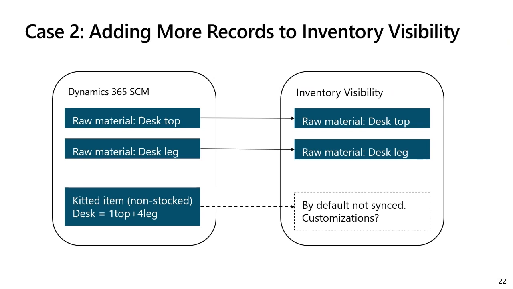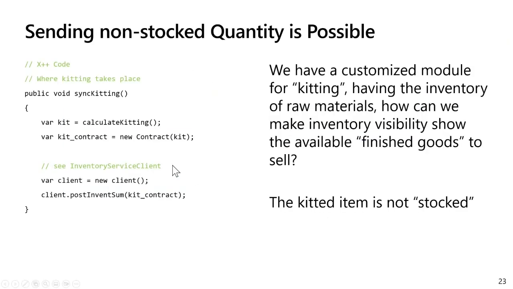We will show in the following slides that this is possible with proper customizations. Let's say we have a customized module for kitting, having the raw materials and all the logic that you need to calculate the available quantities for the kitted items. And we show the process in 4 steps.